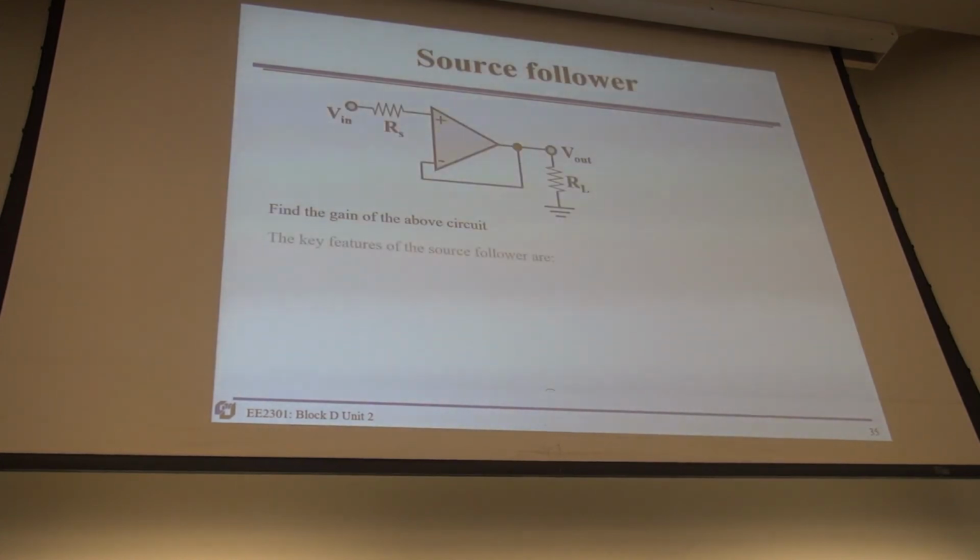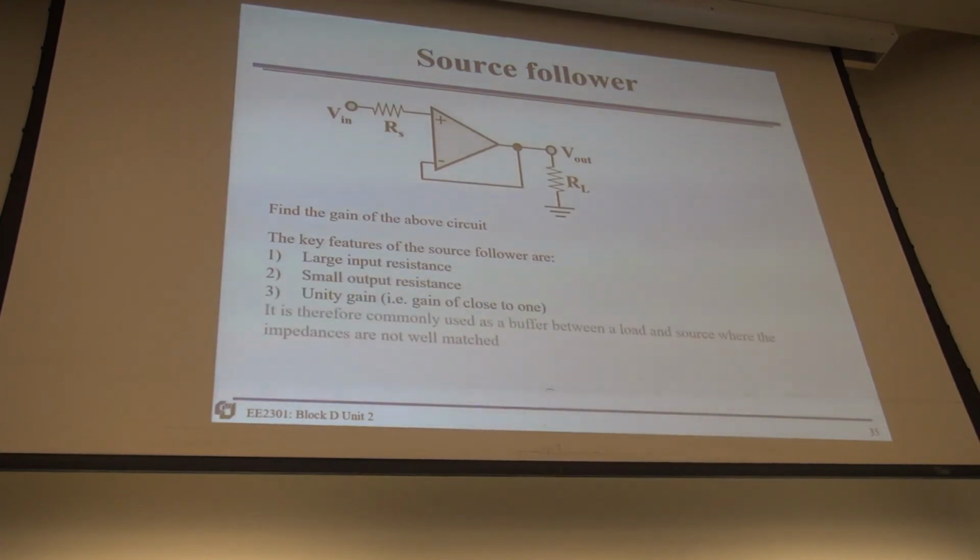Okay, so the gain is always 1, very close to 1. So it's commonly used as a buffer between a load and a source where the impedance may not be well matched. The case for your last quiz is exactly two amplifiers with unmatched impedance.